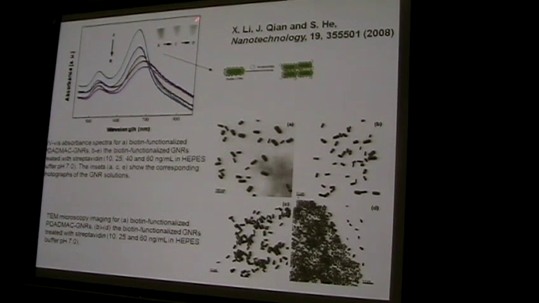And now we see a different concentration of streptavidin. A small change, say like 10 nanograms per milliliter, and you see a dramatic change of the absorption peak of these gold nanorods. You see here the shift is very obvious.